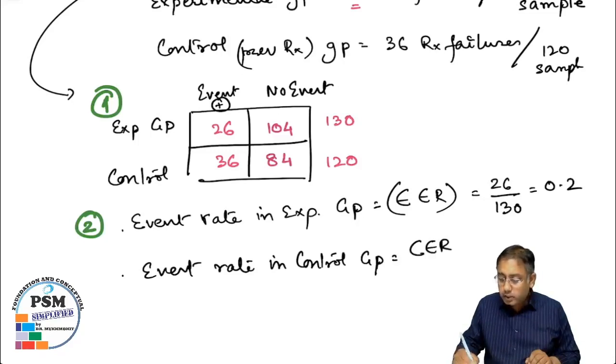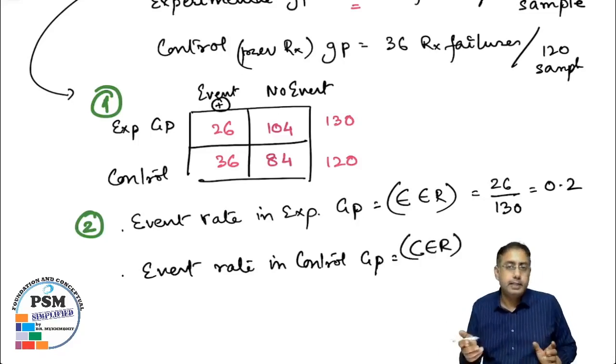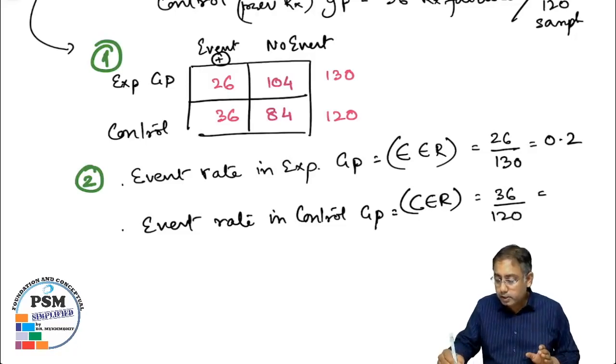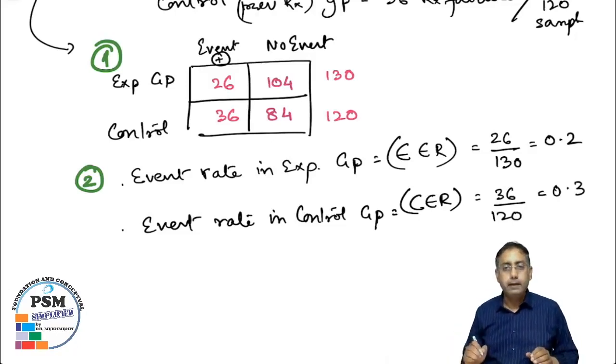We call it the control group event rate, CER. You already know it: 36 deaths happened out of 120. 12 3s are 36, so the answer is 0.3, right? So CER is this much and EER is this much.